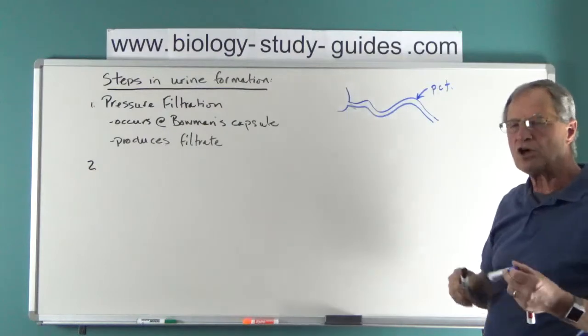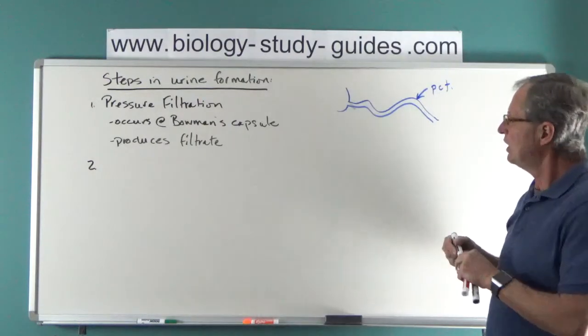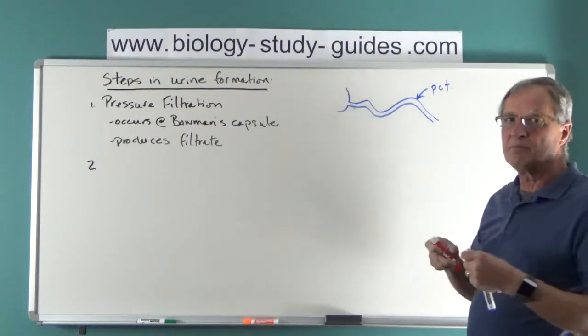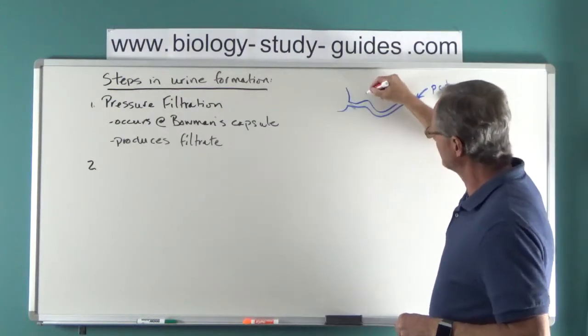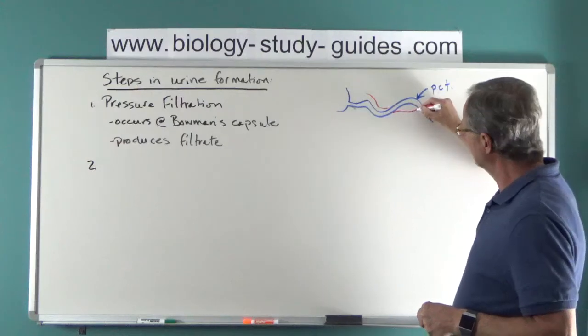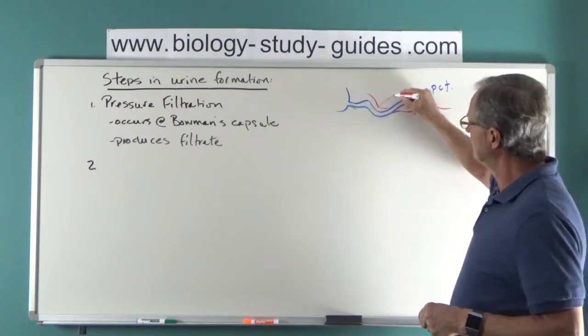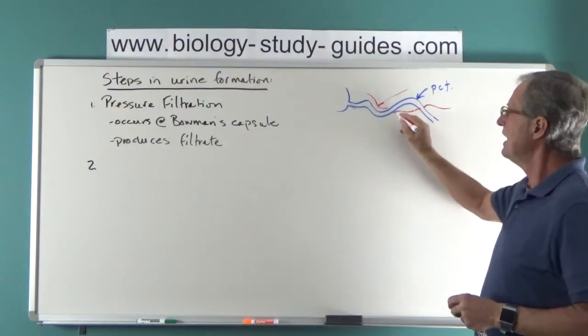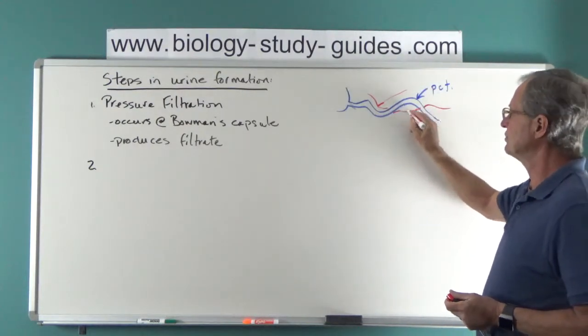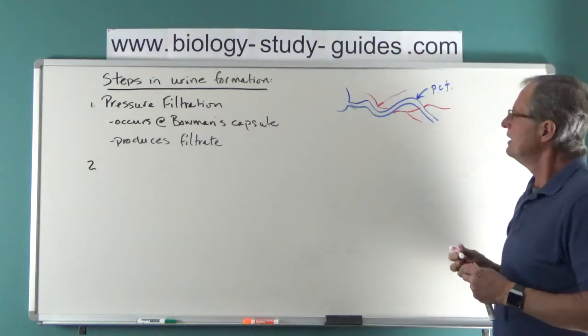The cells along the proximal convoluted tubule are actually wrapped around with the arterial blood. So we have blood vessels that are traveling very close to here, and they may be branching, the arterioles leading into the capillary bed. In fact, these can be capillaries as well, they're very, very delicate.